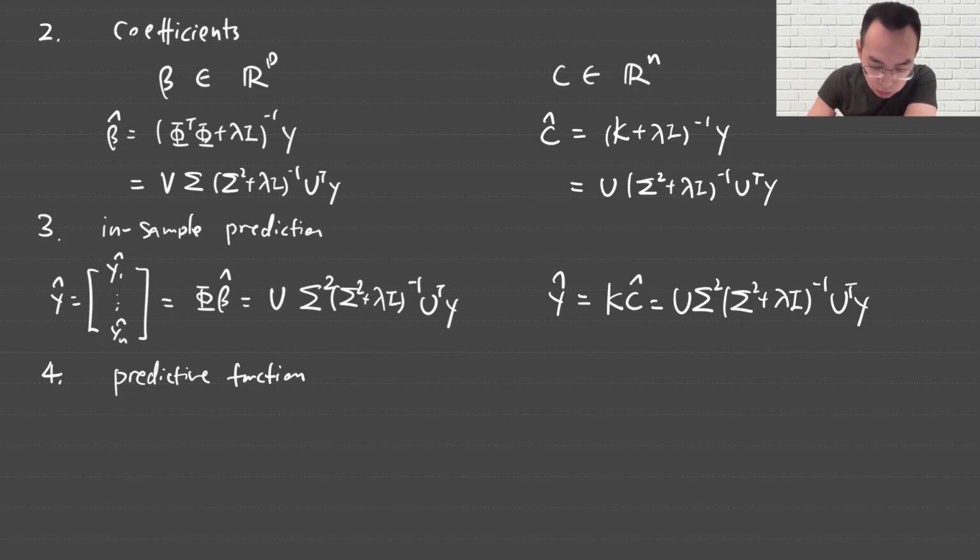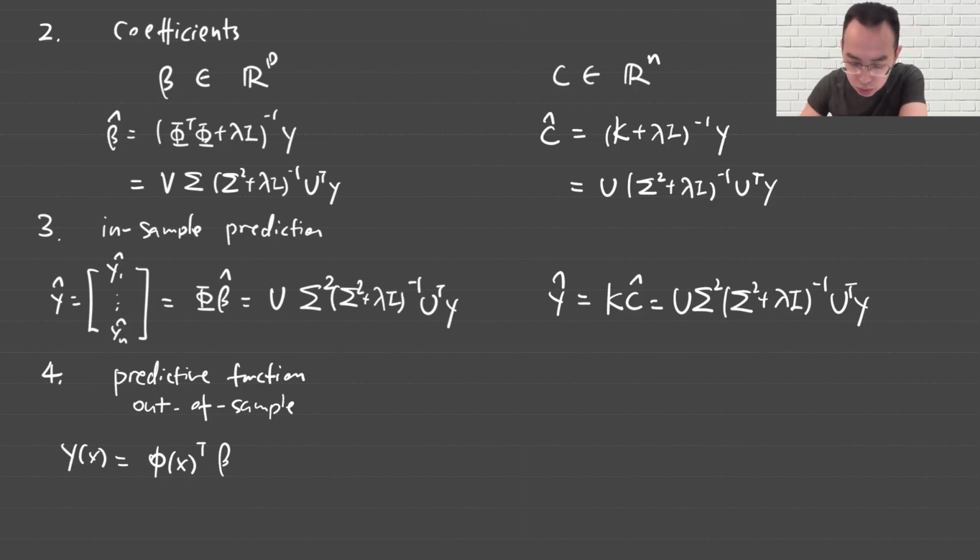So that's our y of x, where x is out of sample, and we can write that out as phi of x transpose times beta. For the kernel trick, our predictive function will become the summation over i of c_i k(x, x_i).